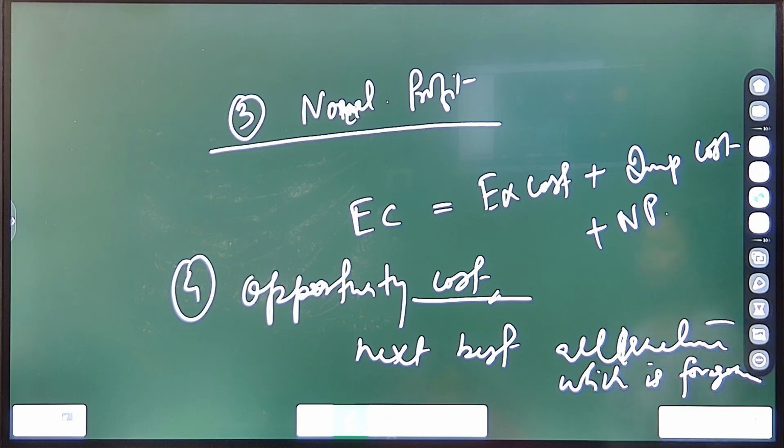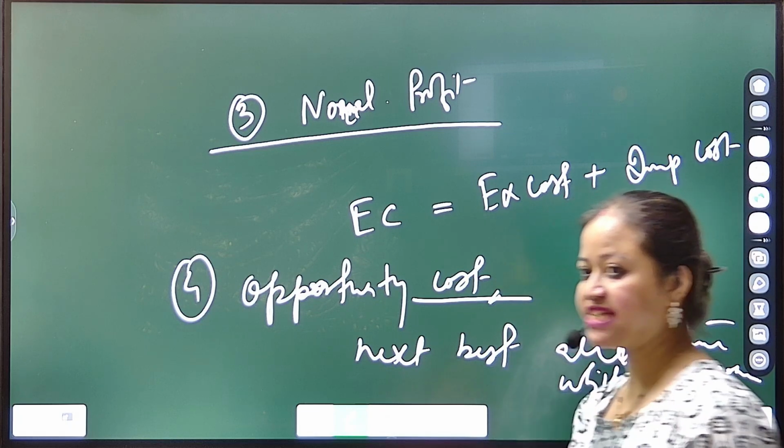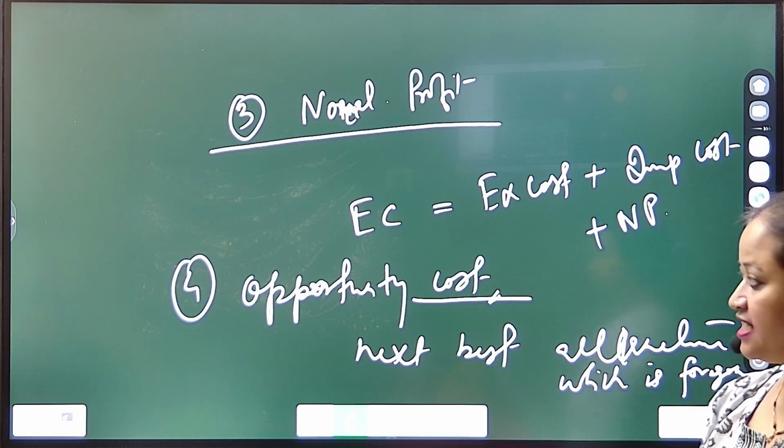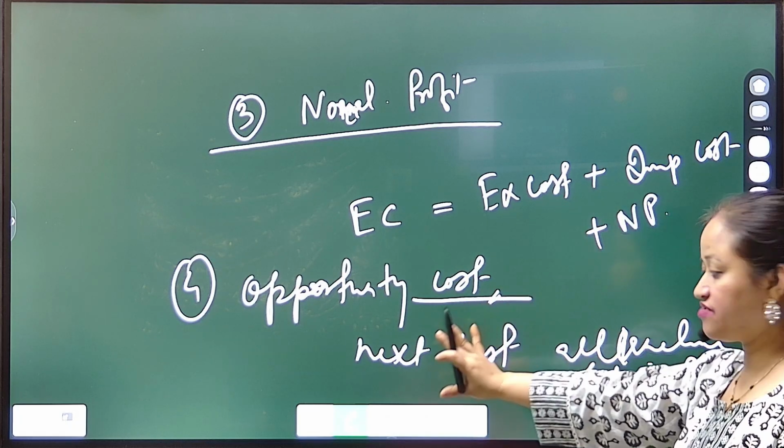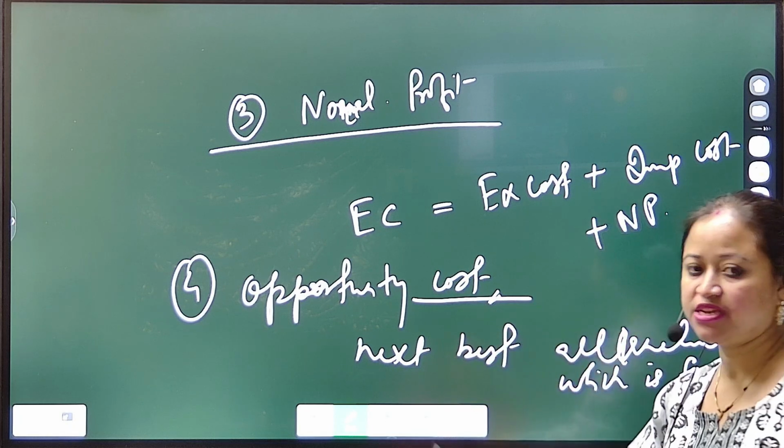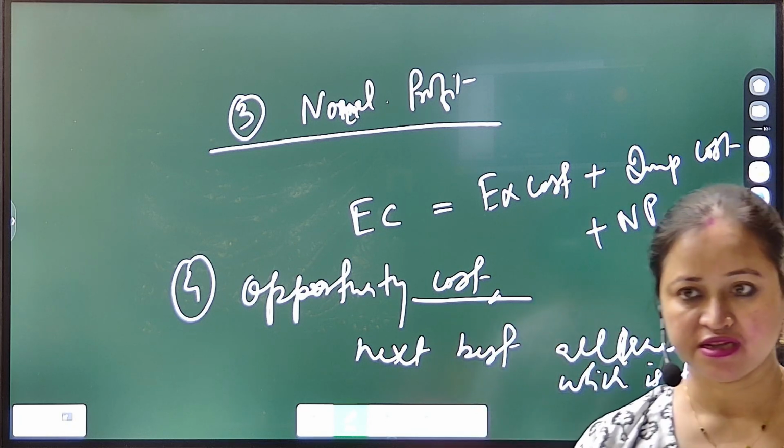Okay, so you have 2 options and 1 option you have sacrificed. So that is your opportunity cost for you. Next best alternative which is foregone. Clear? Okay.